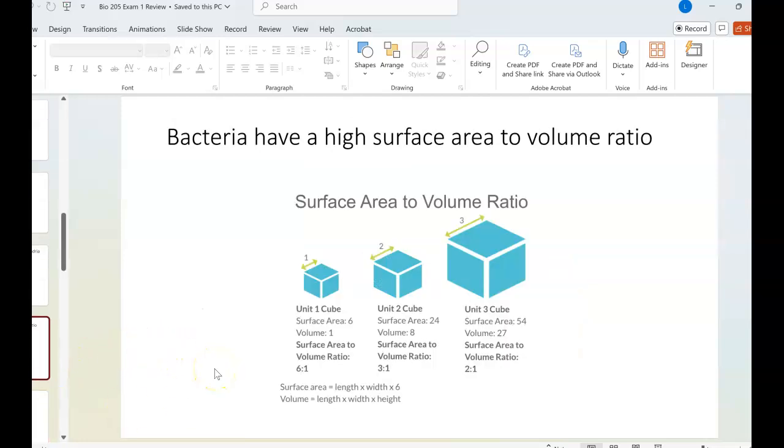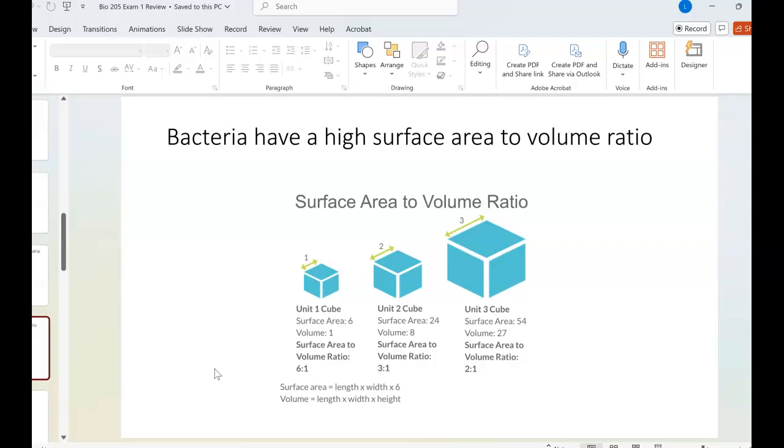We also talked about cells being at the mercy of their environment. In order for a cell to be successful, it has to have a high surface area to volume ratio. And I put this little picture of cubes just so that you can see the bigger the cell gets, its surface area to volume ratio starts to decrease. So our prokaryotic cells are very small, so they actually can maintain that high surface area to volume ratio.